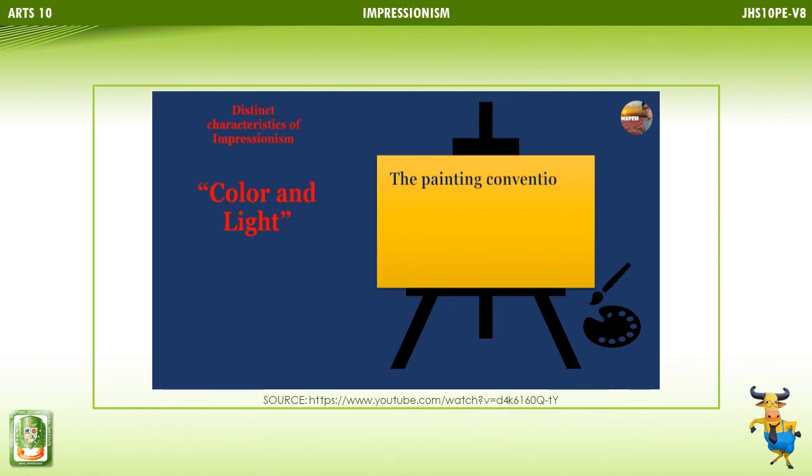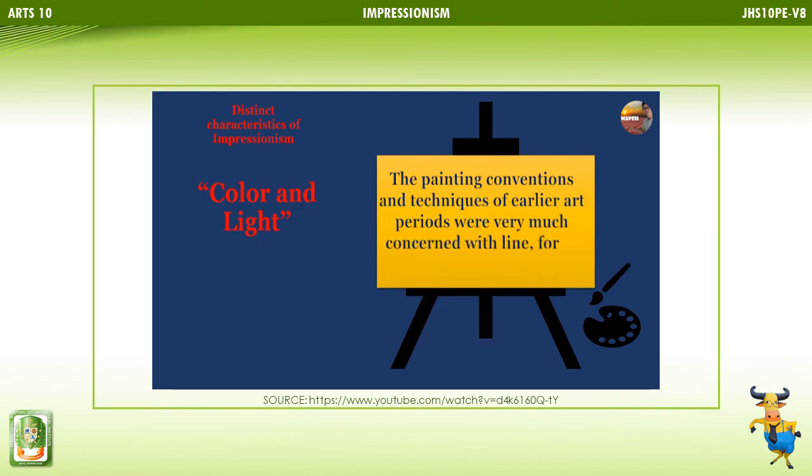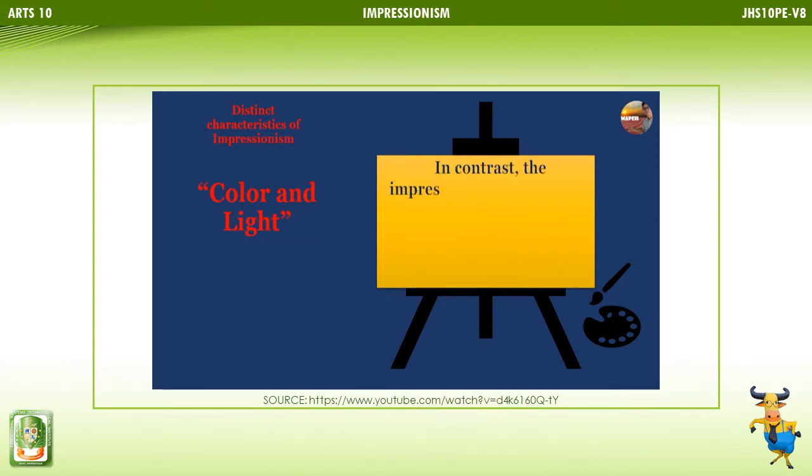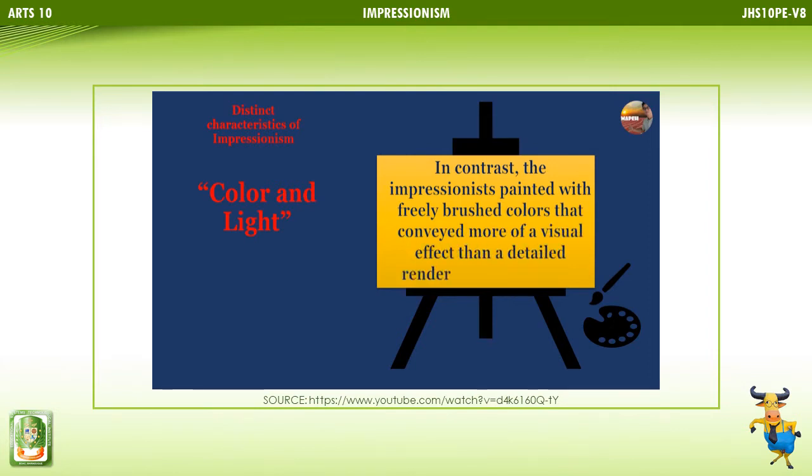What is color and light? The painting conventions and techniques of earlier art periods were very much concerned with line, form, and composition. In contrast, the Impressionists painted with freely brushed colors that can be more of a visual effect than a detailed rendering of the subject.